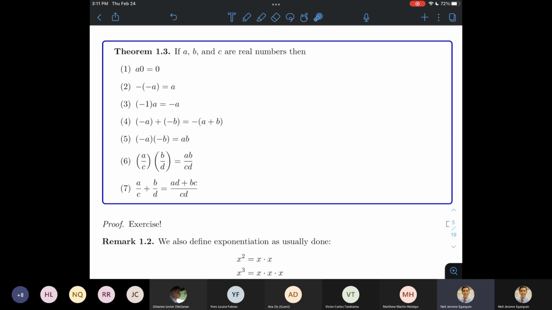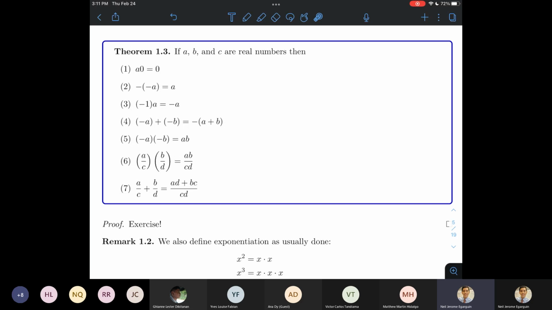But property number 1 is telling us that when you multiply the additive identity to any real number A, you'll get the additive identity back. All right? So ito naman yung effect ng pagmumultiply ng additive identity sa kahit anong real number. Nagiging ang sagot o yung product ay yung additive identity pa rin. Okay? Now, this seems obvious because we know this from before.